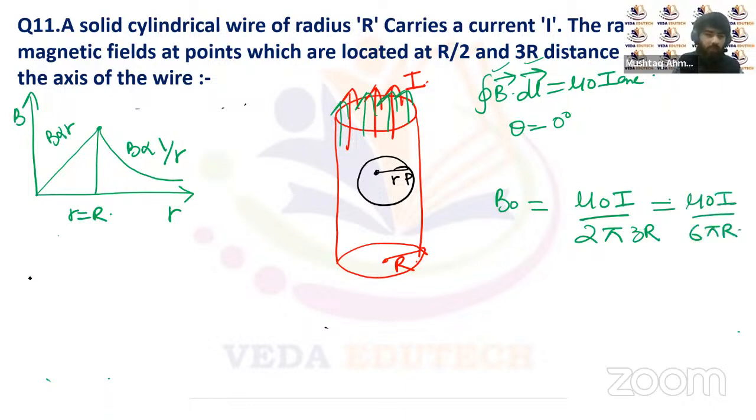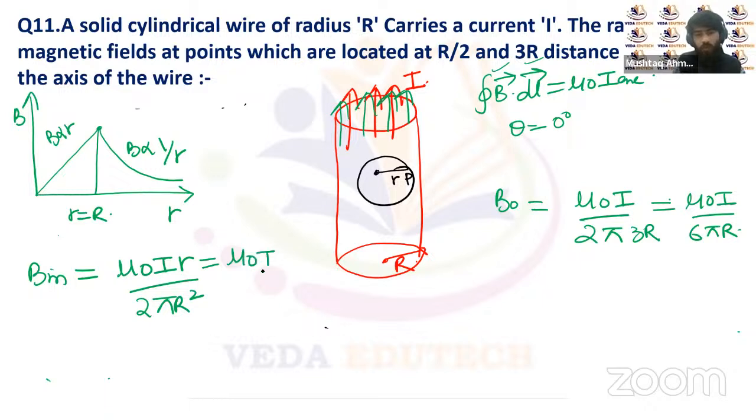And the magnetic field for an inside point will be equal to mu naught I r upon 2 pi R square, right? The value of r for the inside point is given as R by 2, right? So it will be mu naught I into R by 2, that will be mu naught I R by 4 pi R square, right? So R and R will get cancelled, right?